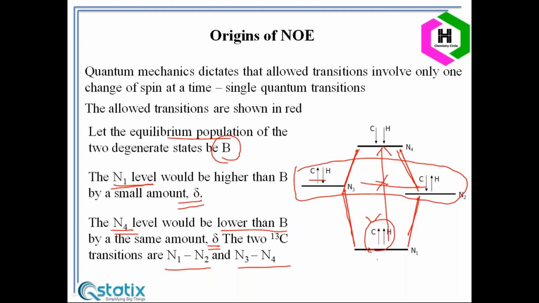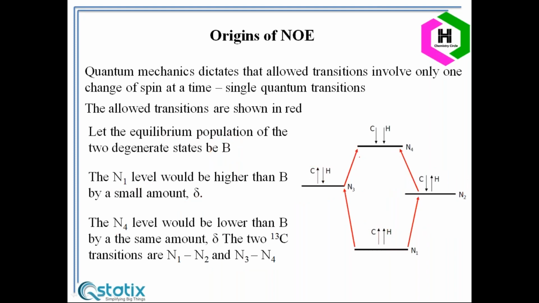N1 to N2 is the population signal, and N3 to N4 is also a population signal. These two give information about the N1 and N4 level populations, and at that place you are going to see the signal intensity increased.